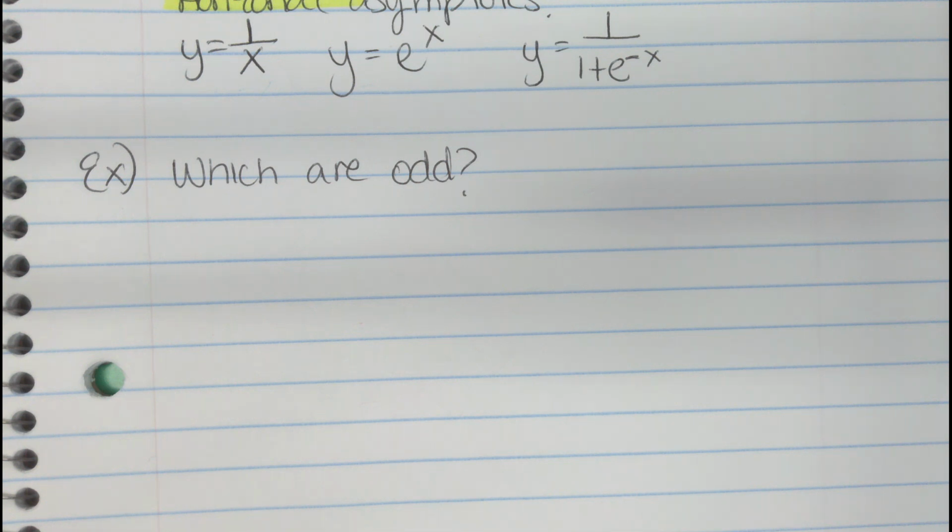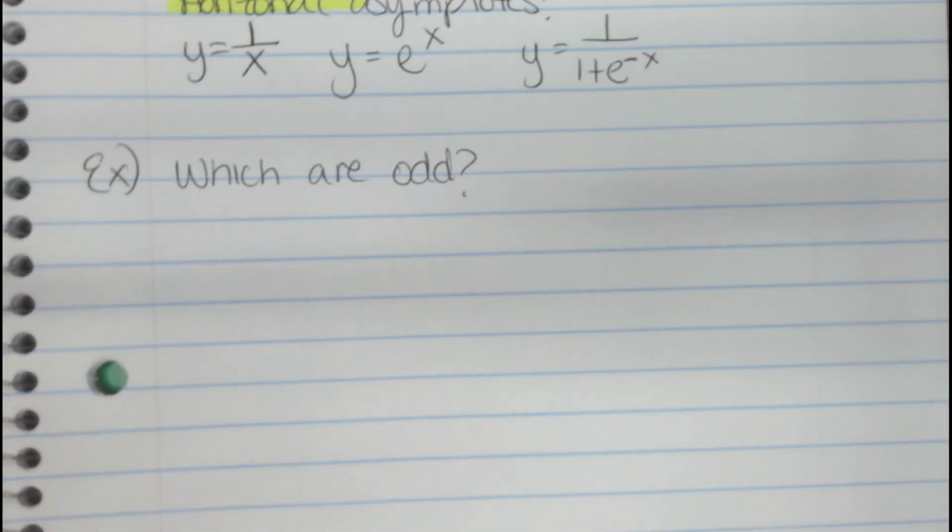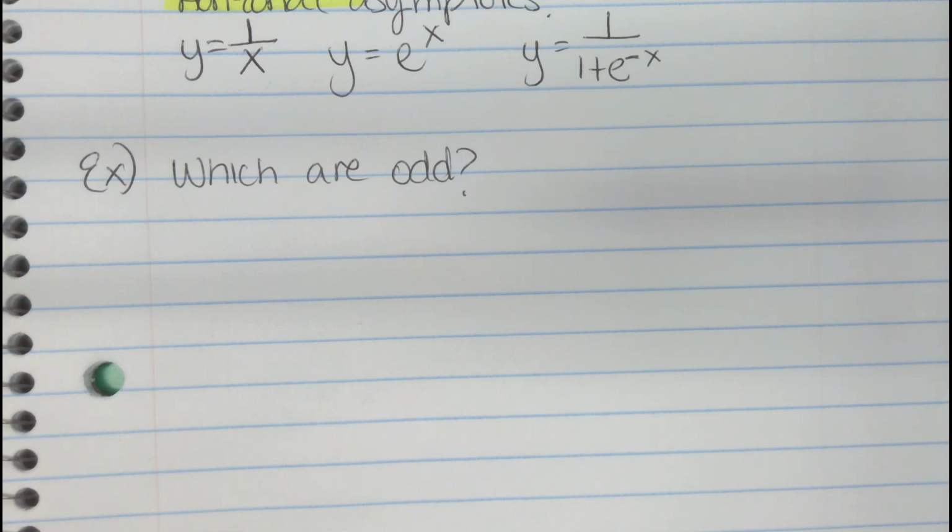There's 4. Yep. So, Gabe, if you can put your pen on 0, 0 and rotate 180 and it looks exactly the same, it's odd.